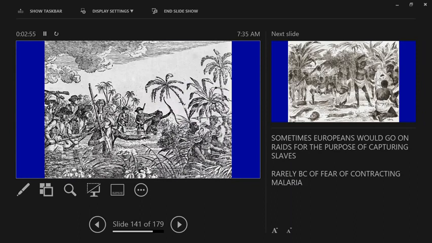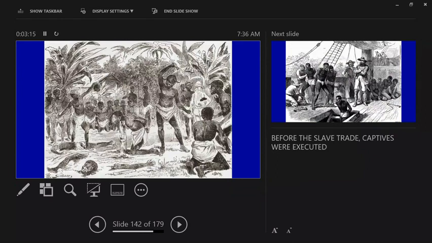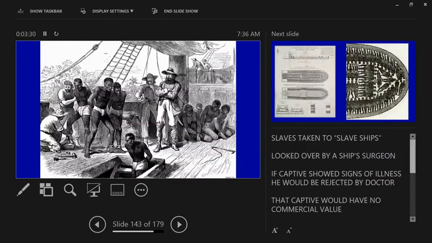Sometimes the Europeans would go on raids to capture slaves, but that was pretty rare because of the fear of contracting malaria. So most of the slave trade came from Africans kidnapping each other and selling their captives to Europeans. And like I said, before the slave trade, captives taken in war would be executed, but after the slave trade, they were sold to Europeans.